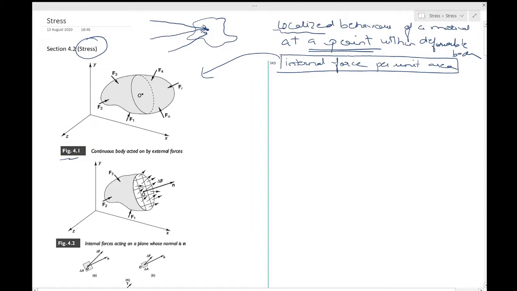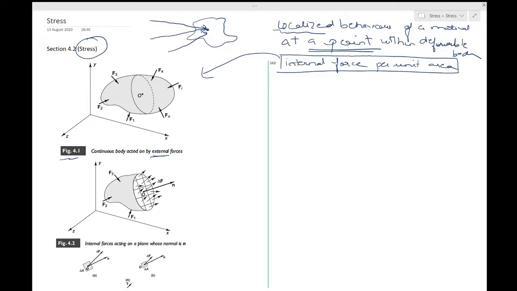This is a continuum solid, a continuous body acted on by external forces. You can see the external forces by the bold symbols F1, F2, until Fn, and Fi is the generic force over here. All of them are external as defined. Now this solid has this point of interest O. O is an internal point in this solid.